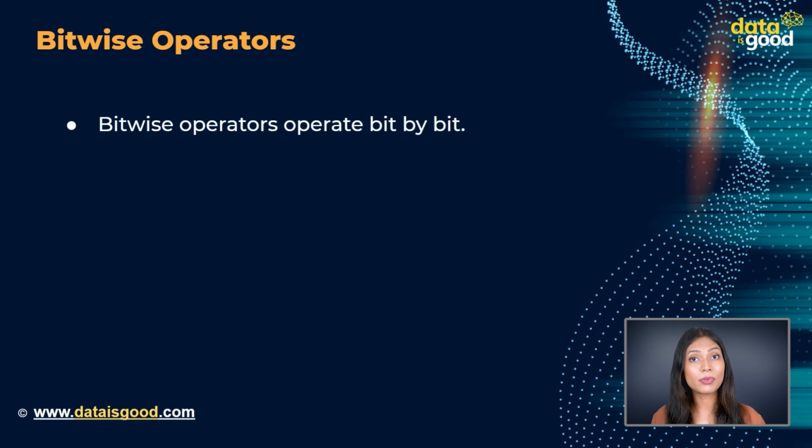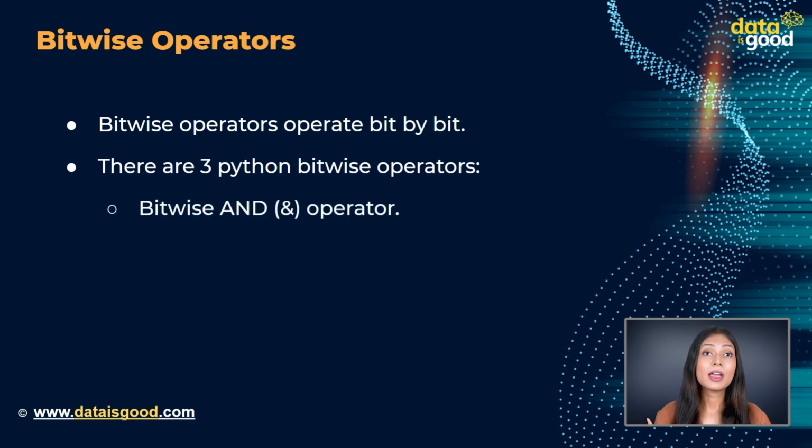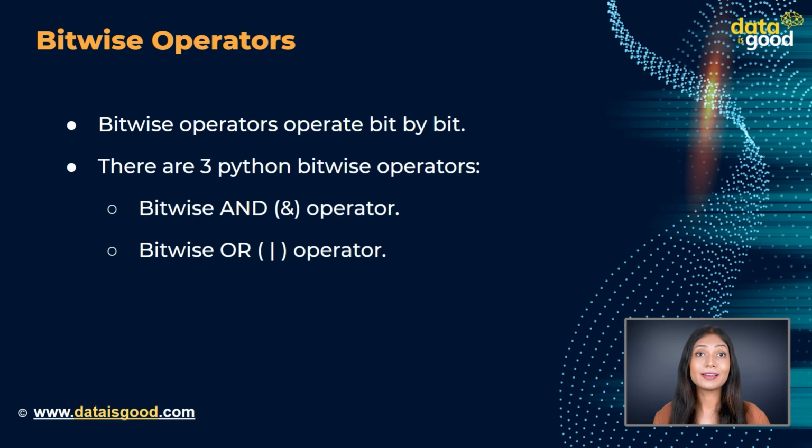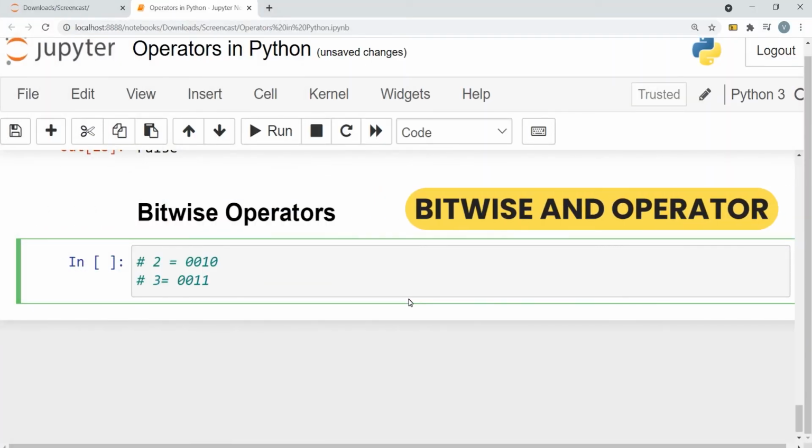The bitwise operators operate bit by bit, and there are 3 Python bitwise operators: bitwise AND operator, bitwise OR operator, and bitwise XOR operator. So let us start with the bitwise AND operator. This operator performs bit by bit AND operation on 2 values.